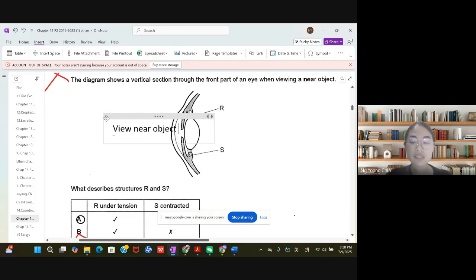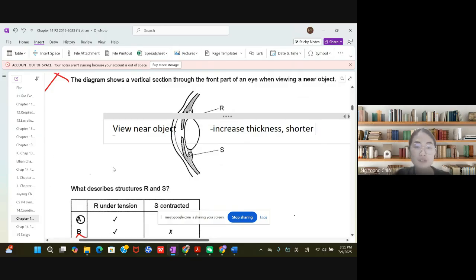Will it become thin or thick? I hope you have the answer in your mind. When you are viewing a very near object, the lens will become thick and shorter. So it will increase in thickness and become shorter.